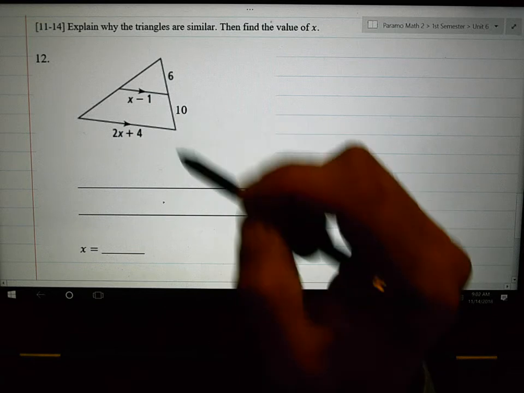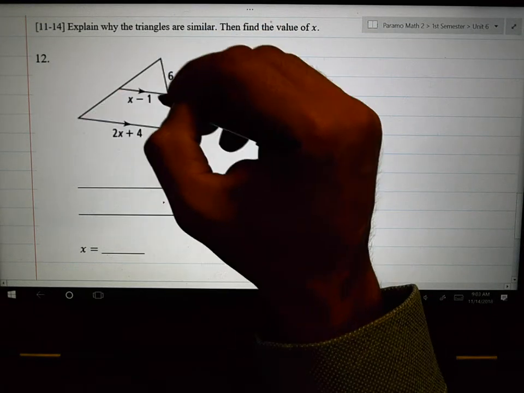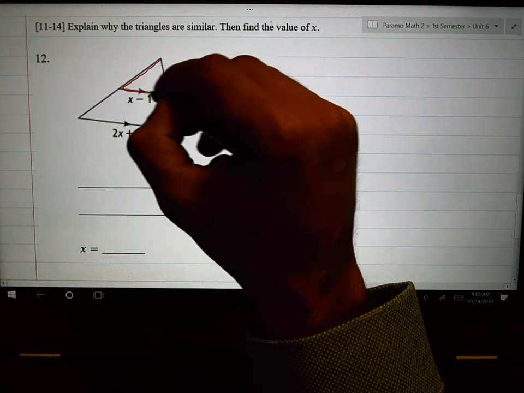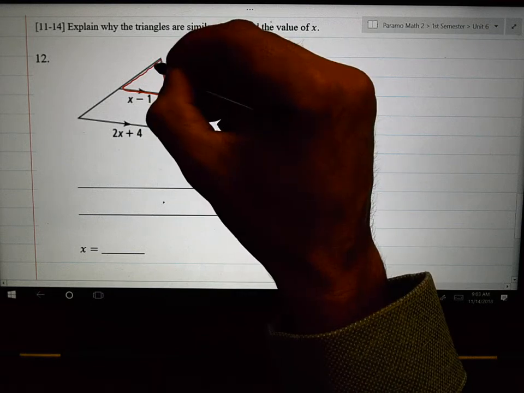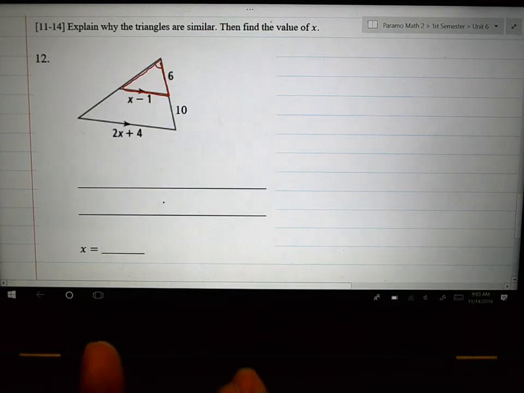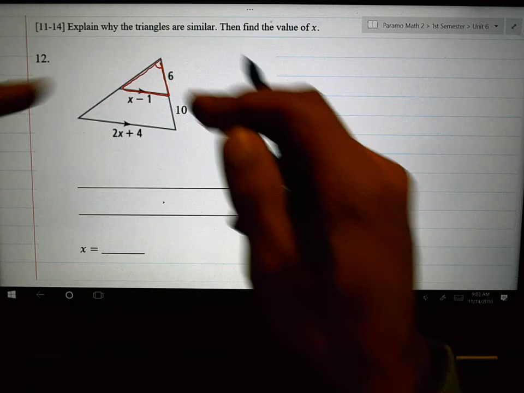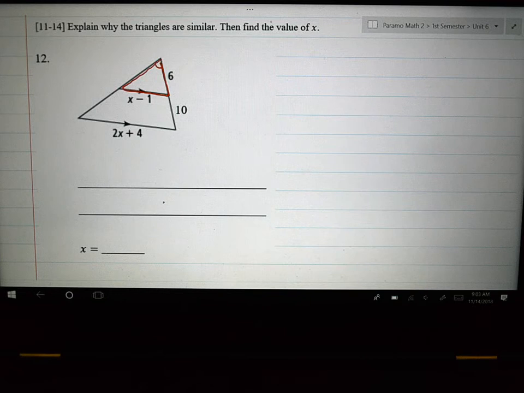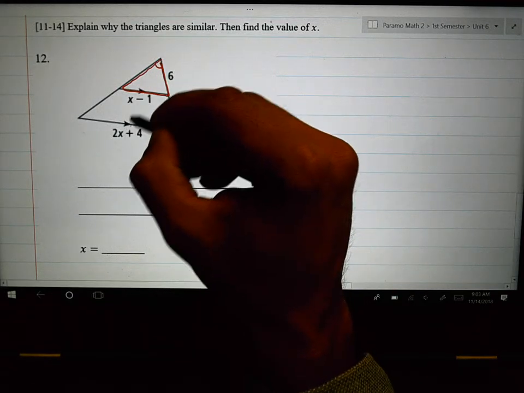The first thing that I see, we have the small triangle and we have the bigger triangle. The small triangle, I'll call it the red triangle. We have an angle at the top that's the same in the red triangle as it is in, let's call this the black triangle. The black triangle and the red triangle share an angle. It's the same. But they also have that this is parallel to that.